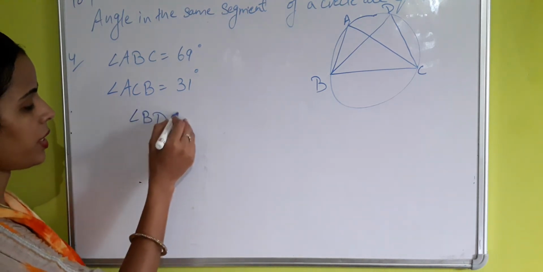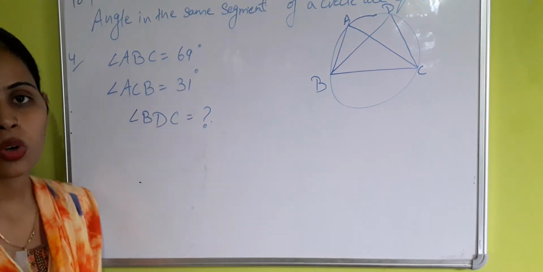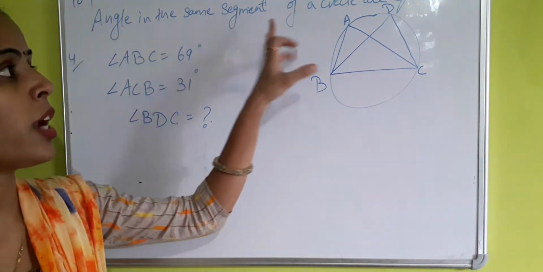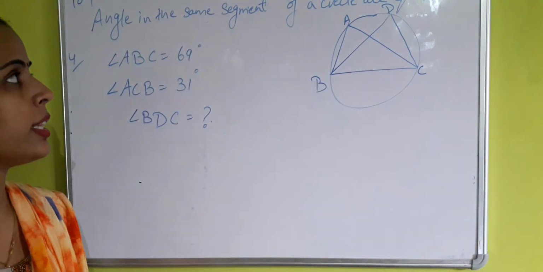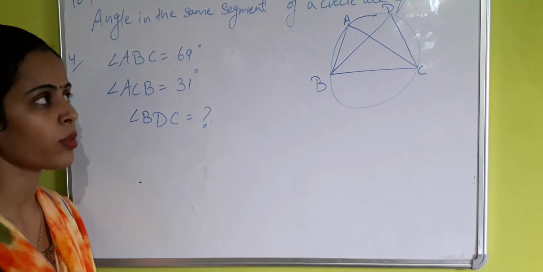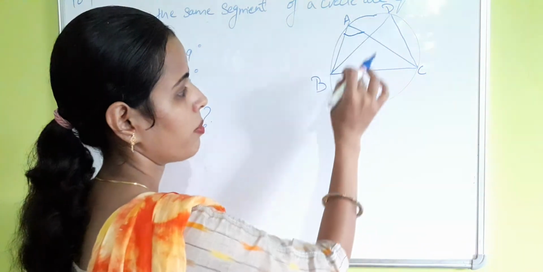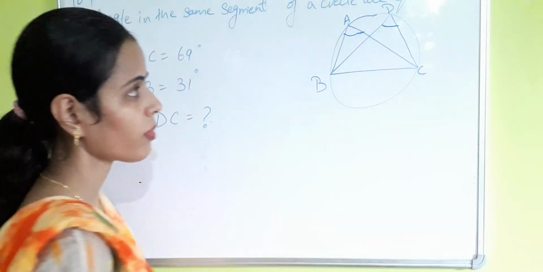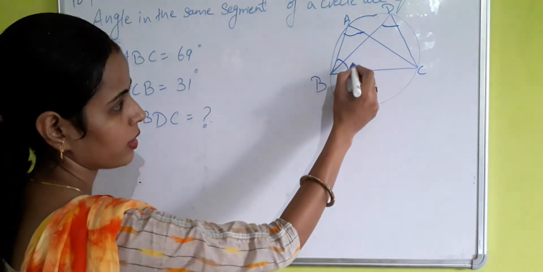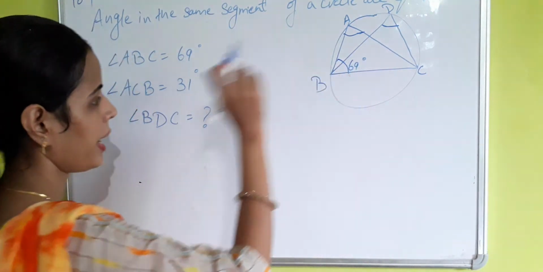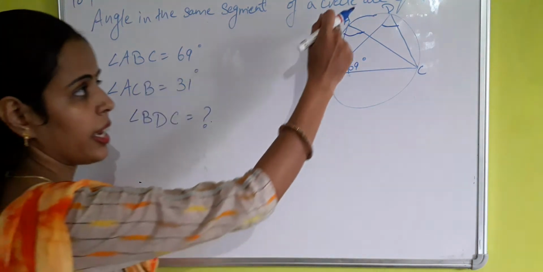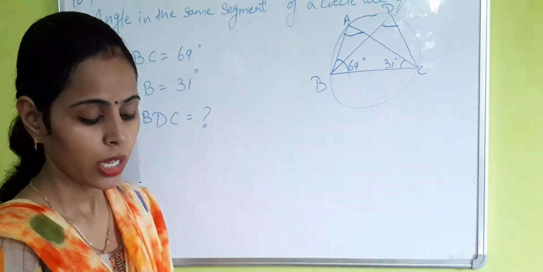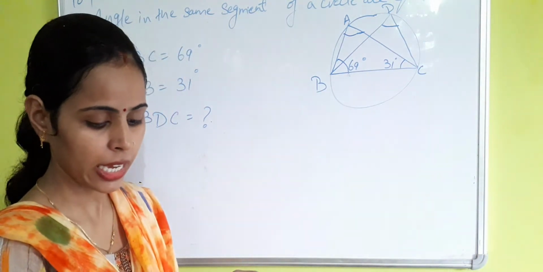Find angle BDC. In this question, we will use theorem number 10.9, which says that angles in the same segment of a circle are equal. Means this angle made by this segment equals this angle. These two angles are given, ABC is 69 degrees and ACB is 31 degrees.